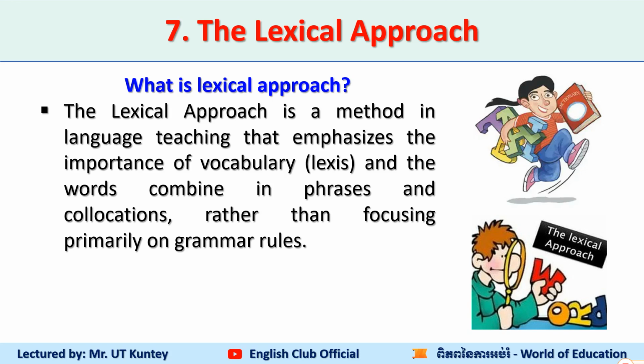Some vocabulary you can combine in phrases, some as collocations, some as combination words. Look at the example: make a mistake. Here we combine three words together to make one phrase.